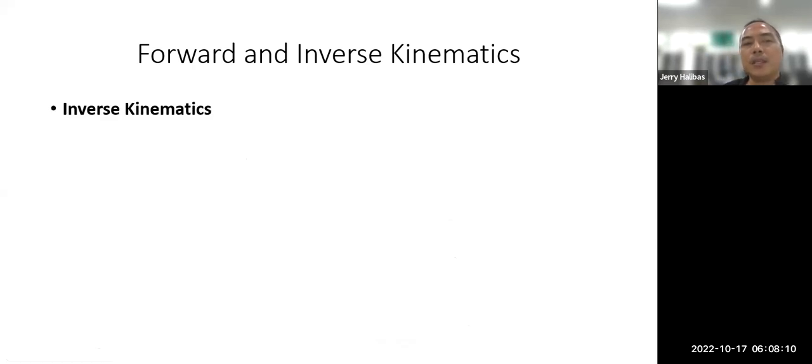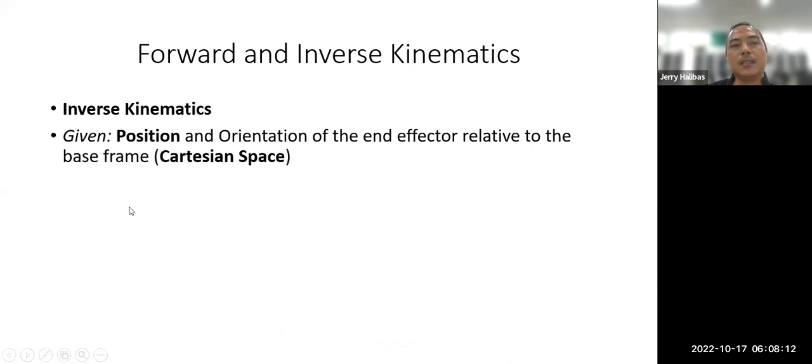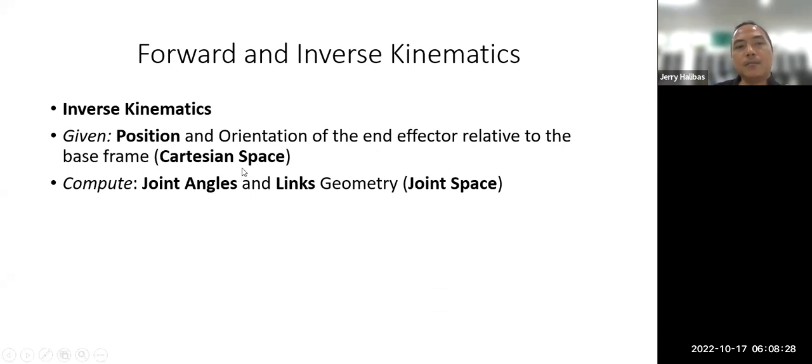Whereas if you say inverse kinematics, what is given is the Cartesian space, the XYZ, the position and the rotation of the TCP or the end effector relative to the base frame. So compute for the joint angles.